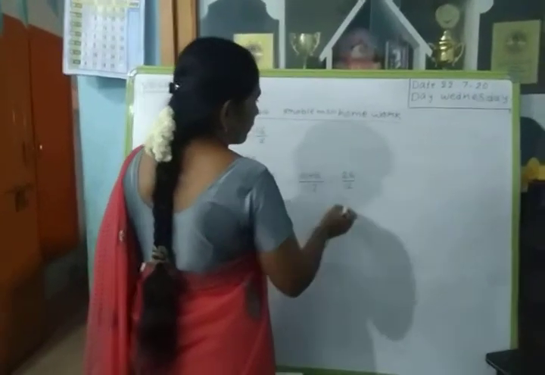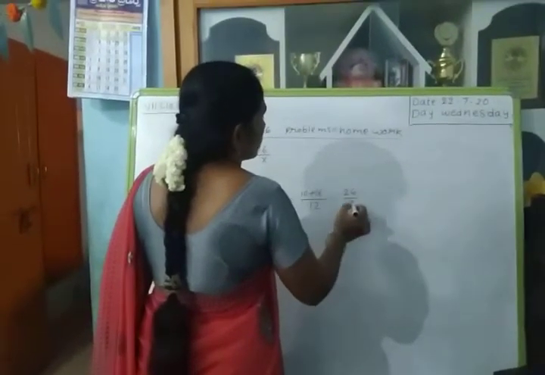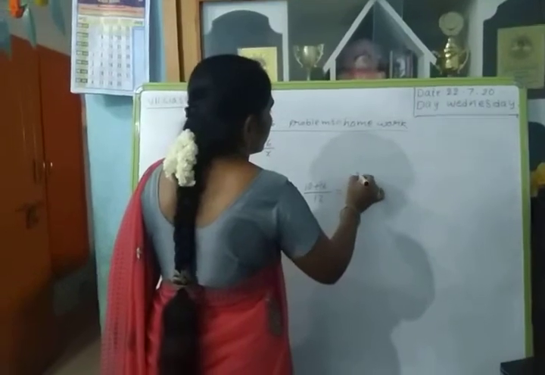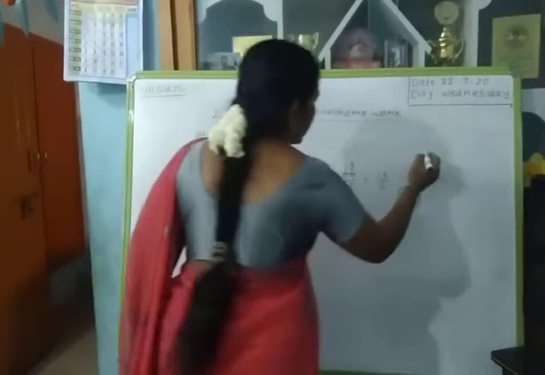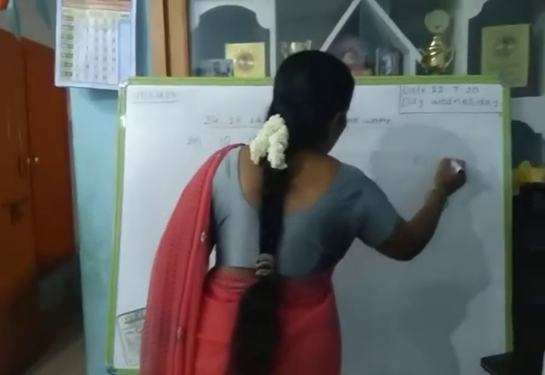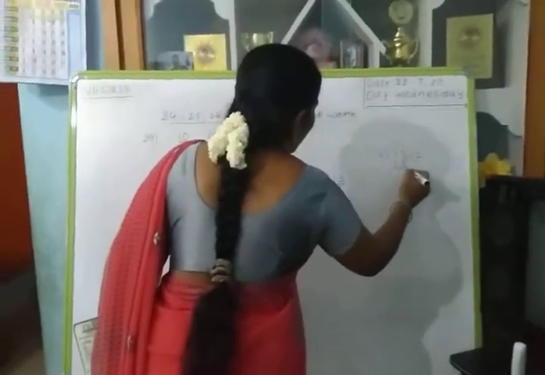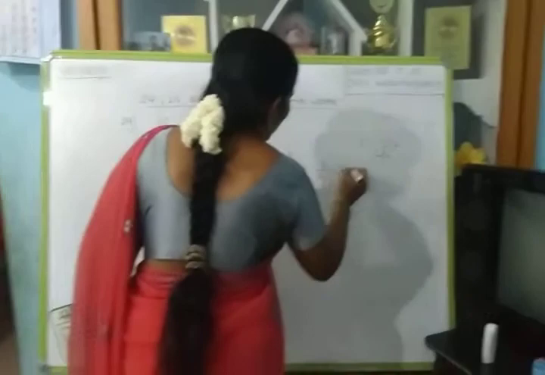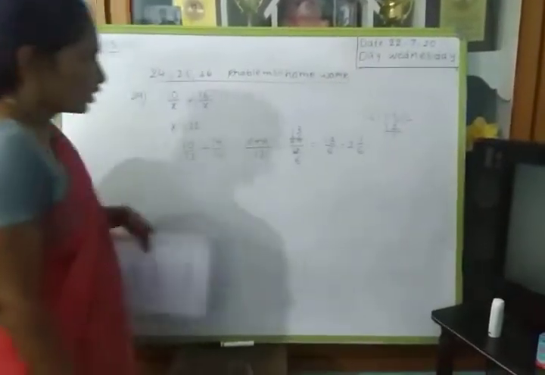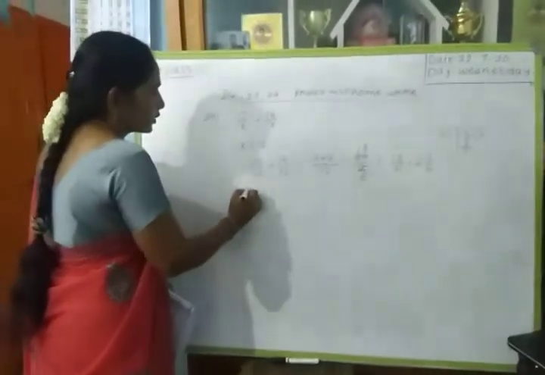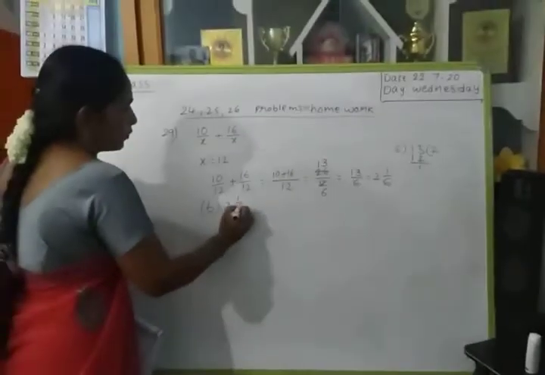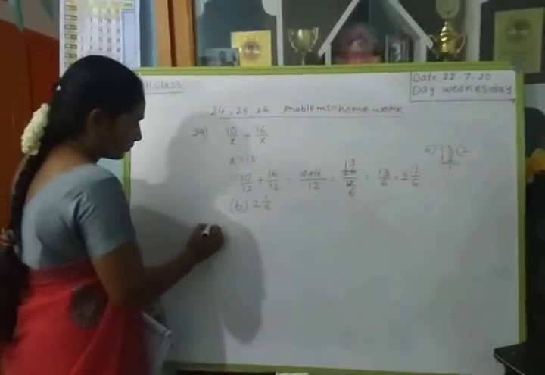If you simplify, 2 13s are 26, 2 6s are 12, so 13 by 6. If you convert into a mixed fraction, 6 2s are 12, remainder 1. So 2 1 by 6. Which option is correct? Option B, 2 1 by 6.